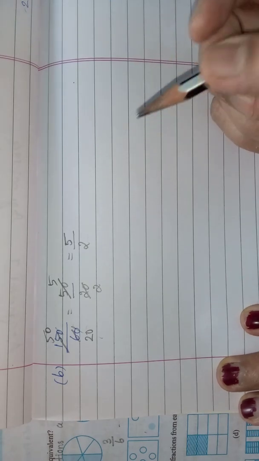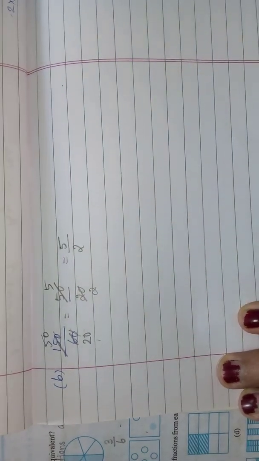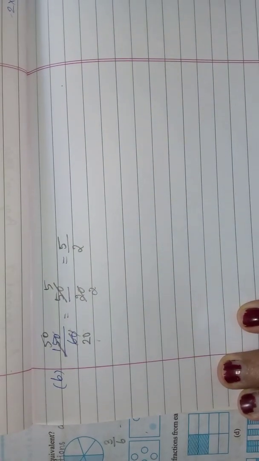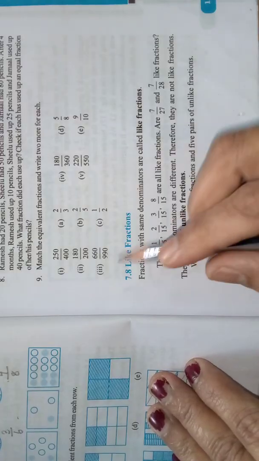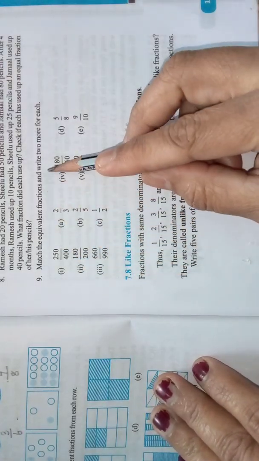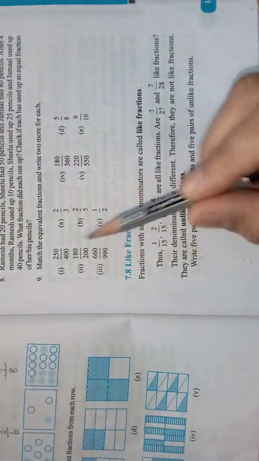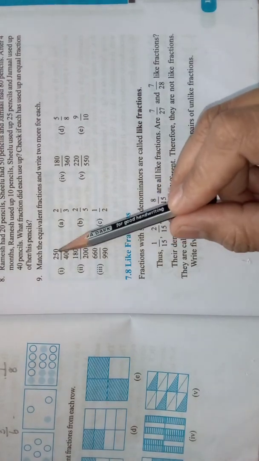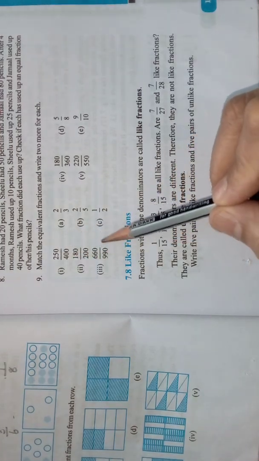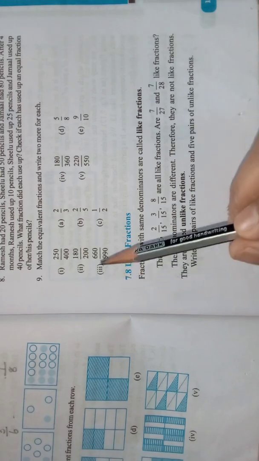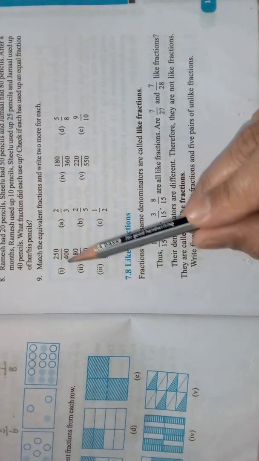Okay children, how to find the simplest form of the given fraction? Now you know, no? And this you do: match the equivalent fractions and write 2 more for each. You should convert these fractions into their simplest form and match each with its equivalent fraction. See here, 250 by 400.